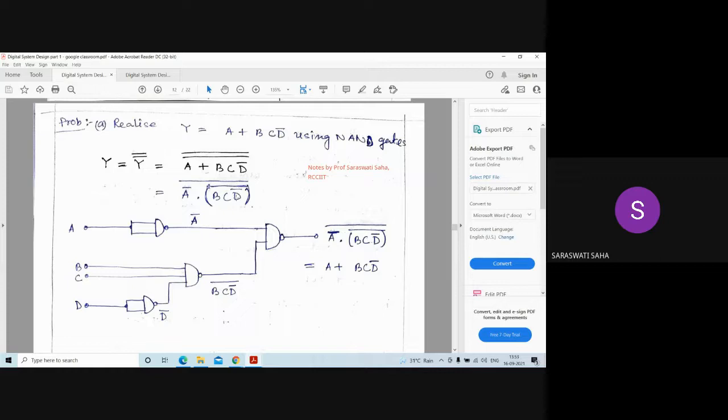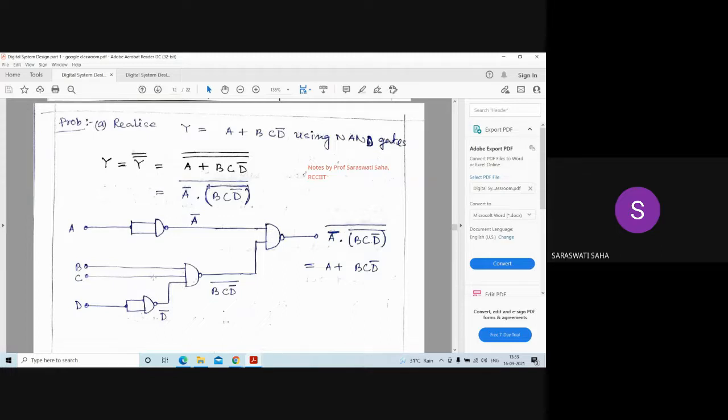So here is D complement. Then see B dot C dot D bar. So take another 3 input NAND gate, because they are in AND between each other and there is a complement of this, so it is actually a NAND.